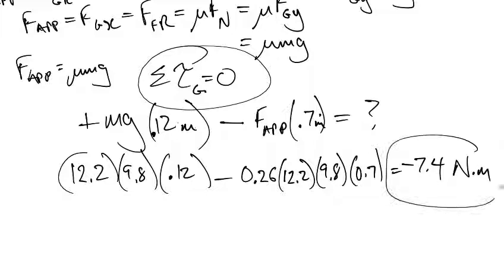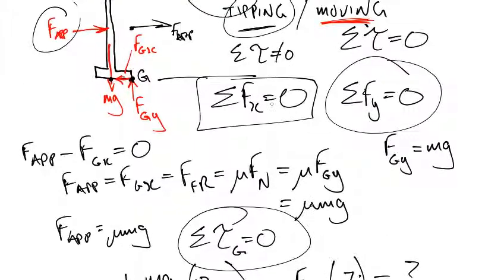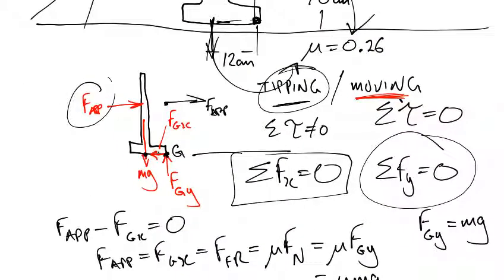Is negative 7.4 going to cause it to rotate? What is a negative torque? Is that clockwise or counterclockwise? Clockwise, remember, is negative, and counterclockwise is positive.